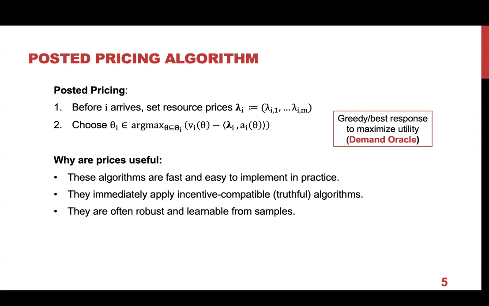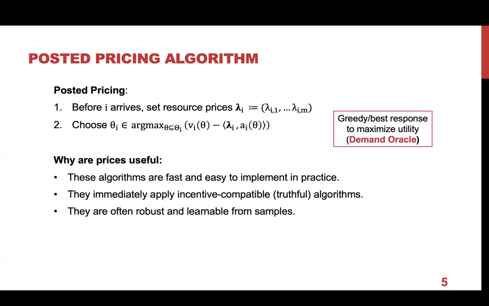They may lie about their valuation or other parameters, and you as an algorithm designer don't know their valuation functions. But the posted pricing algorithm is great, because the allocation I'll be doing is in some sense maximizing your utility. So you might as well cooperate, because I'm also going to maximize your utility. That's why these algorithms immediately imply truthful algorithms, and for many of these auction design problems especially, they are very useful.